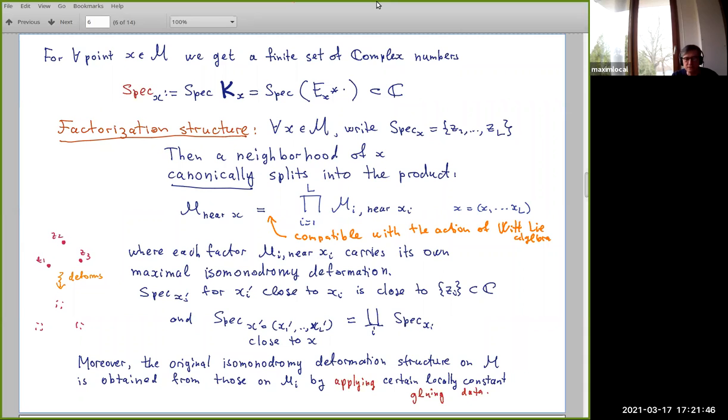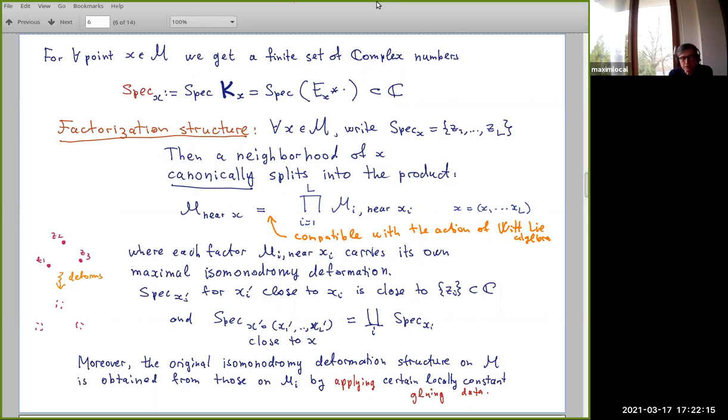When you consider a point Xi prime close to Xi, then the spectrum will be a certain subset which is very close to the one-element subset Zi. And when you consider the spectrum of the corresponding point on my big manifold, X1 prime, comma, XL prime, it will be exactly equal to the union of the spectra, because deformed a little bit, they do not interact with each other.